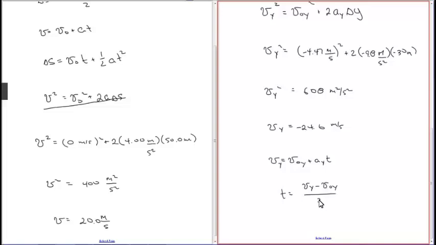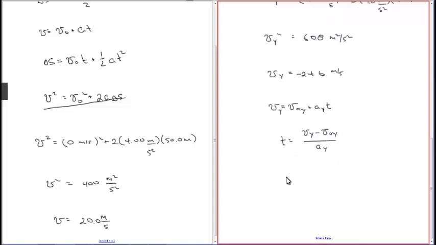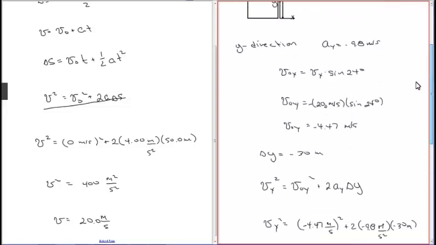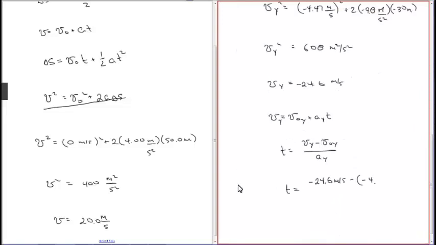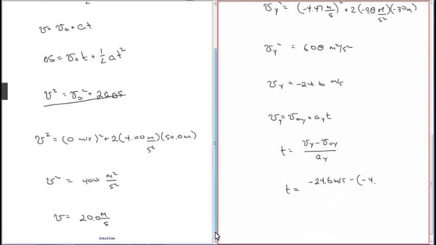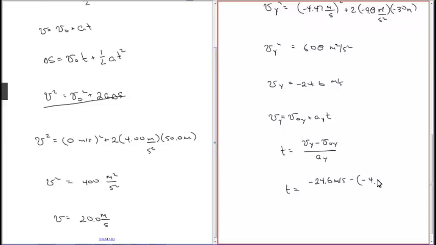So t is equal to negative 24.6 meters per second minus v0y, which is negative 4.47 meters per second, divided by the acceleration, negative 9.8 meters per second squared.